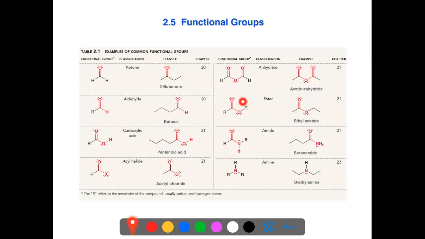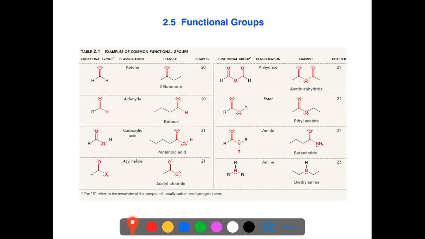If we have an OR group, so an oxygen directly attached to the carbonyl, but then some other alkyl group attached to that, we refer to this as the esters. If it's a nitrogen center, whether it's substituted with hydrogens or other R groups, we refer to these as the amides. And the amines, where you have a nitrogen center which is directly attached to multiple R groups, the simplest member being NH3, ammonia, but as we substitute with various R groups, we have our amines.